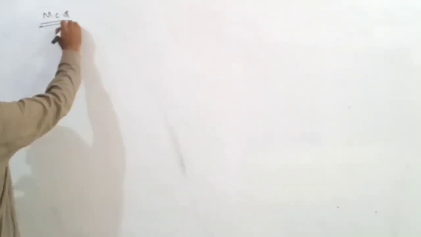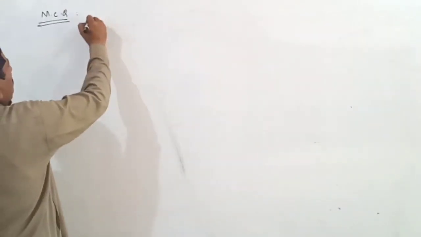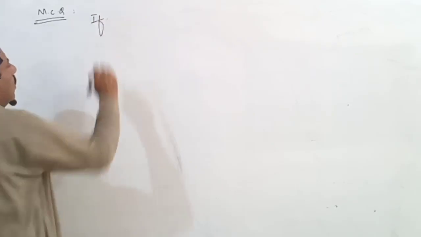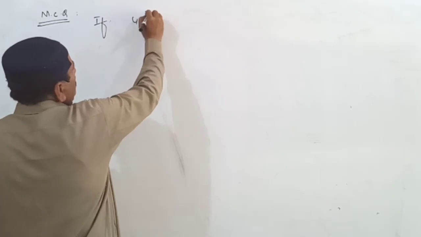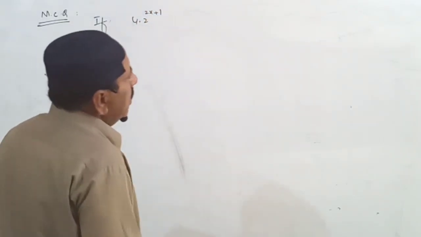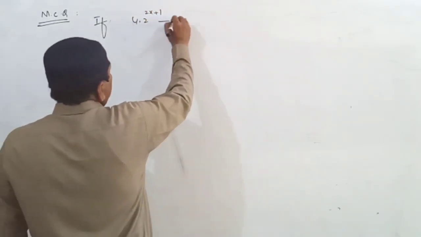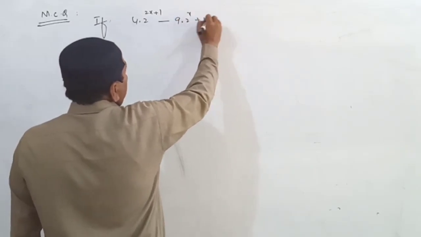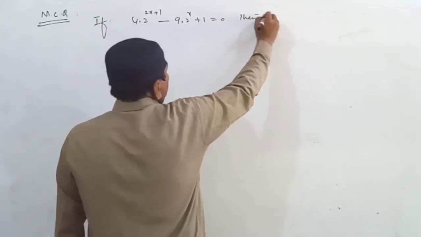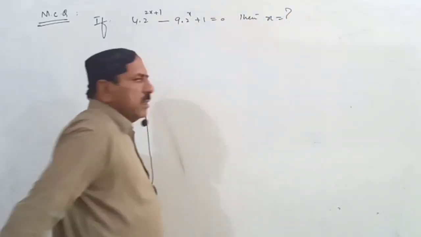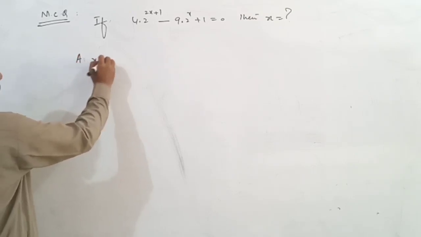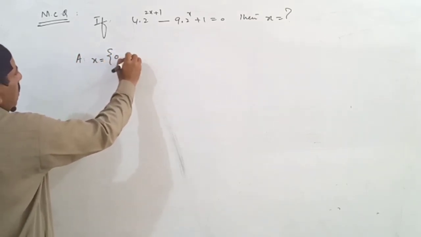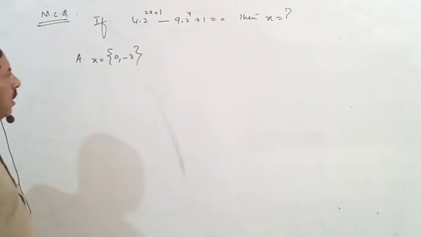Okay, it's an MCQ. If 4 into 2 power 2x plus 1 minus 9 into 2 power x plus 1 is equal to 0, then what should be the value of x? A is the condition: x is equal to 0 comma minus 3.